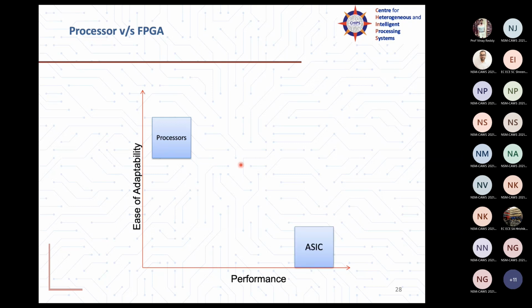And if I were to put an ASIC in this same context, it comes to be the best in terms of performance. There is no way to beat ASICs at one end and processors at the other end. FPGAs come somewhere in between. There is a trade-off in performance.